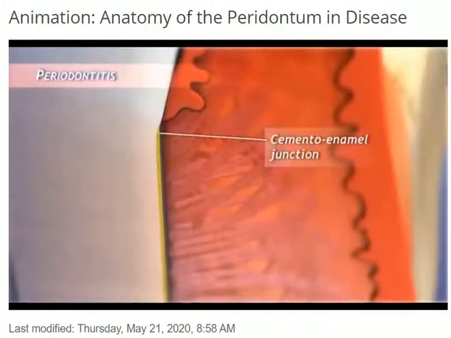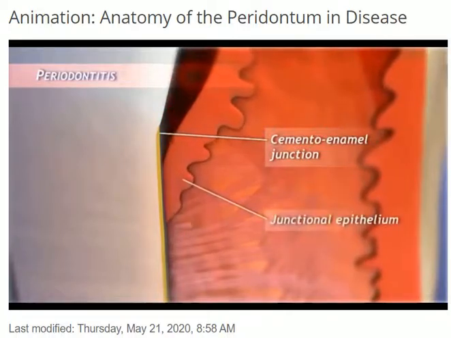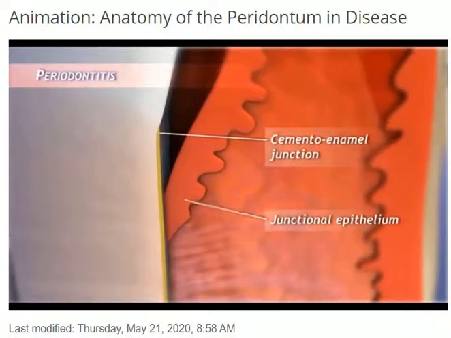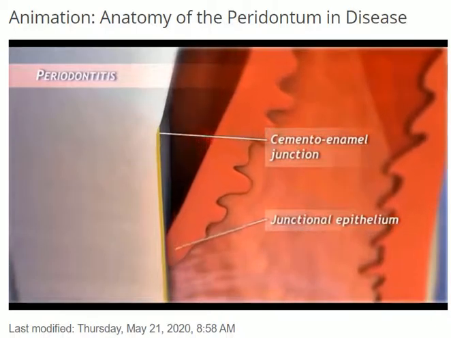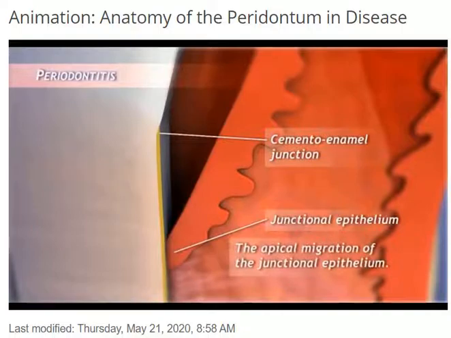In periodontitis, the periodontium undergoes the following changes. The junctional epithelium is located on the cementum, apical to, or below, its normal location. Movement of the junctional epithelium apical to its normal location is termed the apical migration of the junctional epithelium.